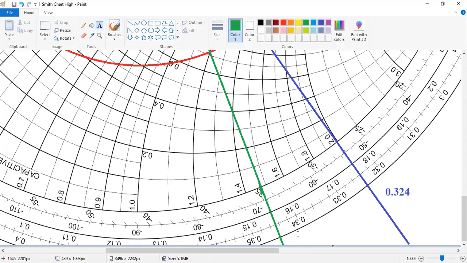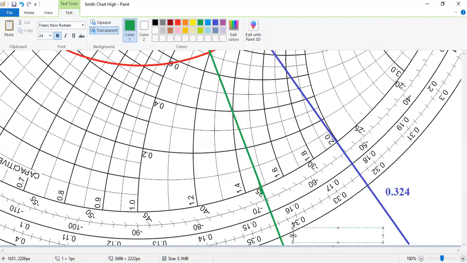So here it is L2. Sorry, small l. So L2 equals 0.345. Okay, so L2 you got.